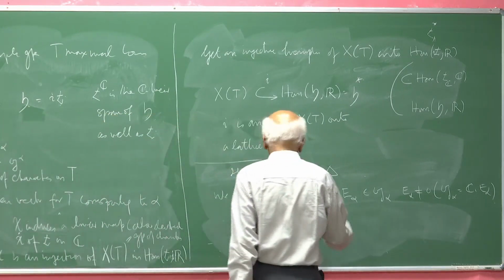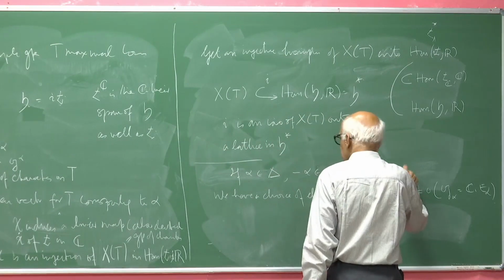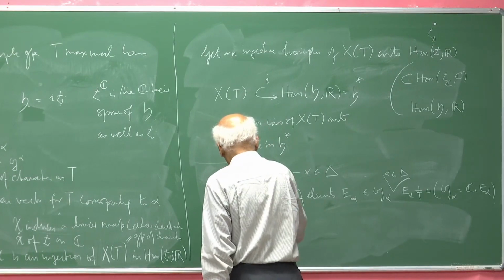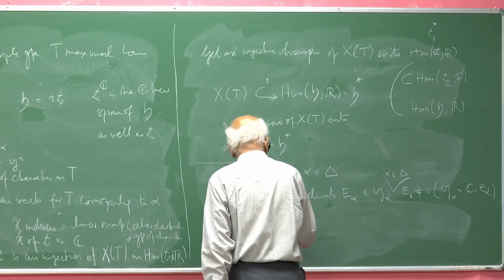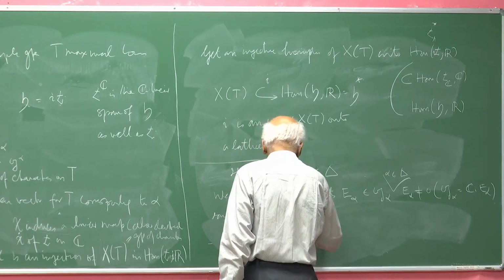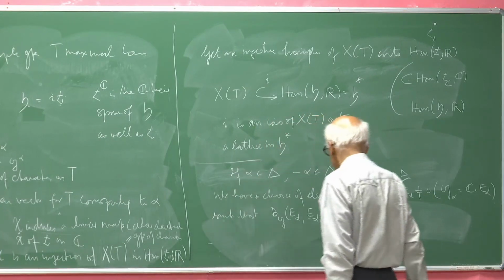The choice of elements E alpha, alpha in delta, is such that the Killing form pairs E alpha and E minus alpha to give you the value 1.